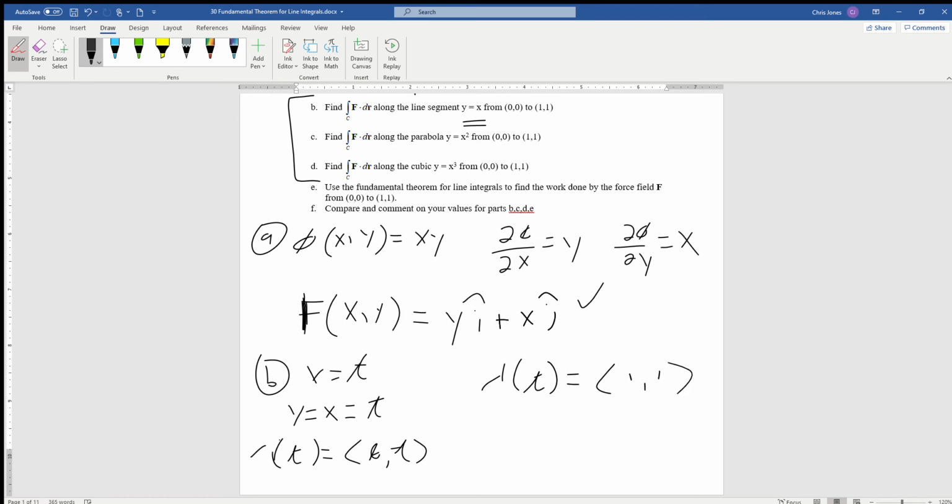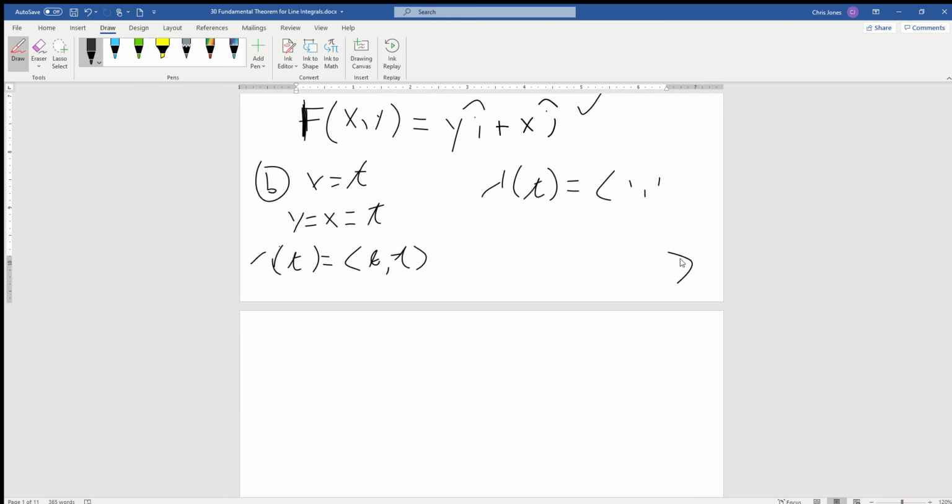And then we're just going to substitute t back into the function. Right, so F at r of t is going to be, we said y i, so that's t i plus x j, or t j.